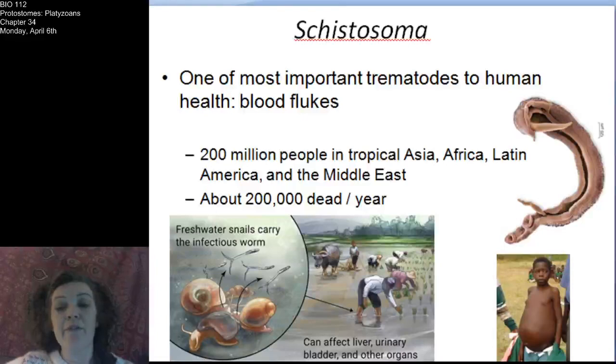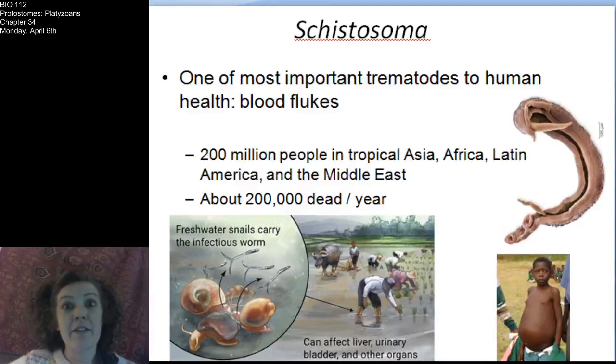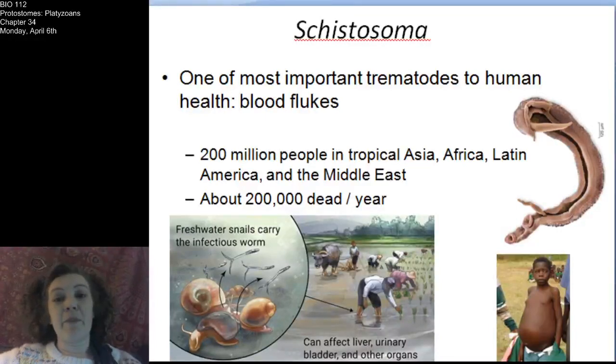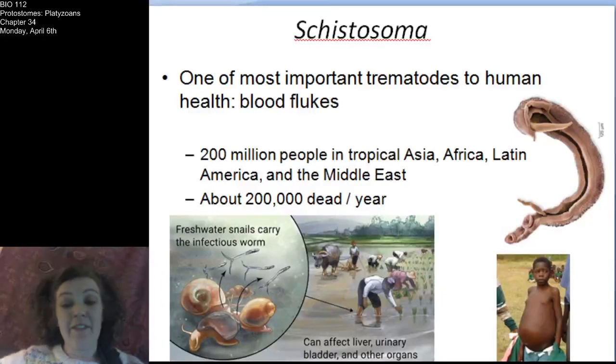So you have tropical Asia, Latin America, warm places. Over 200 million people are infected with Schistosoma at any given time, and it kills lots of people.